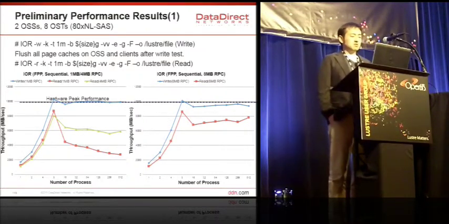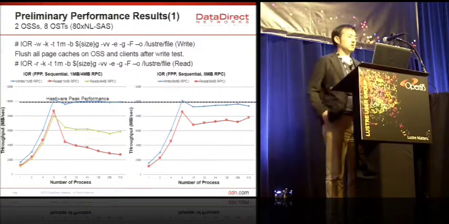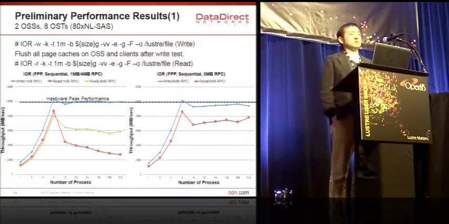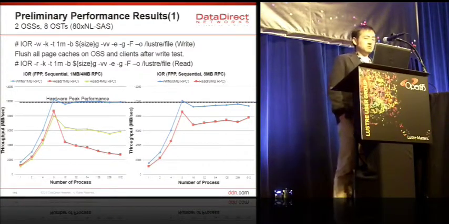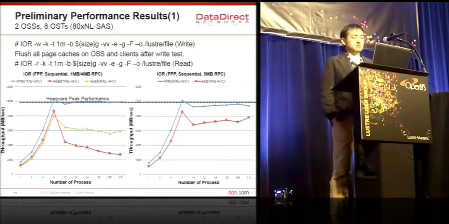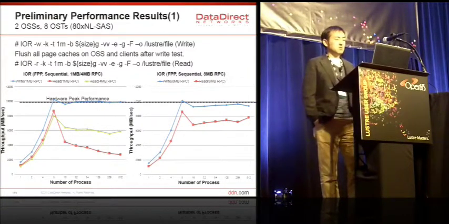We also tested different Lustre RPC sizes because they improve the read performance. On the left side is the 1 megabyte and 4 megabyte Lustre RPC size result.